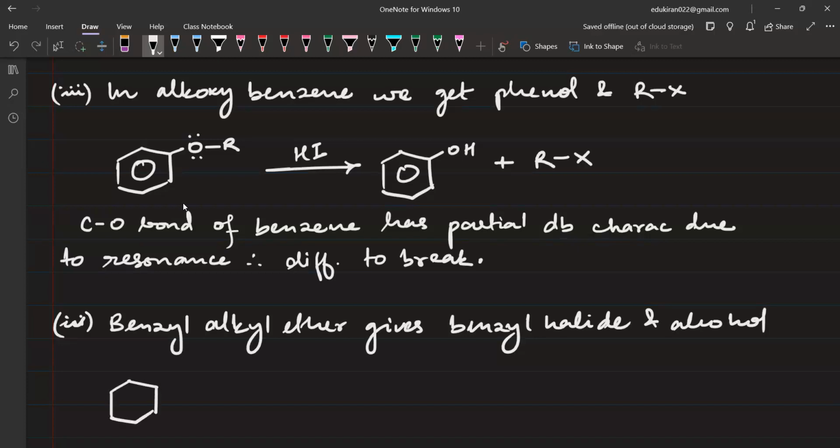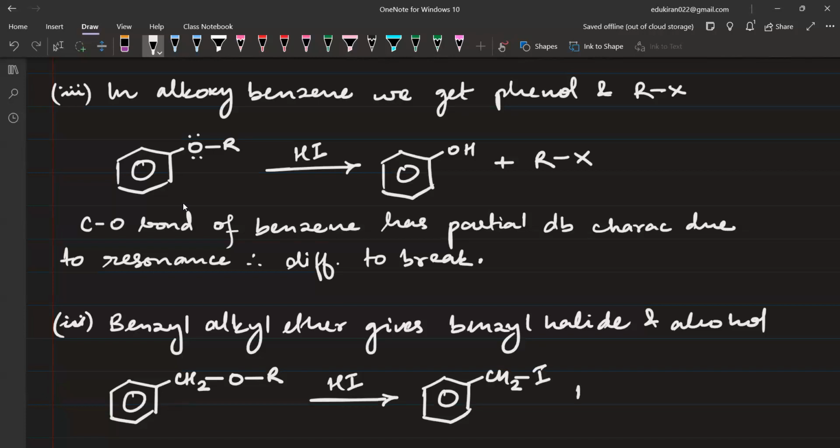Benzyl is a benzene ring with a CH2 group. And alkyl ether will be OR. When this is treated with HI, you will be getting benzyl halide, that is CH2 bonded with iodine, plus you will get ROH.